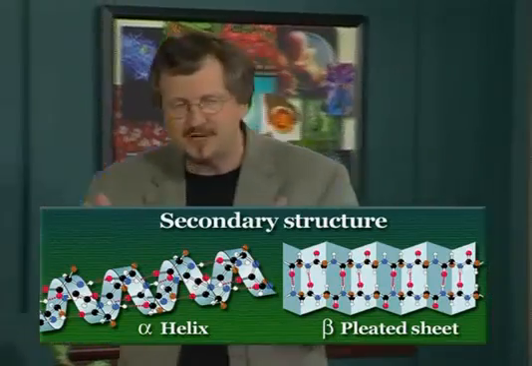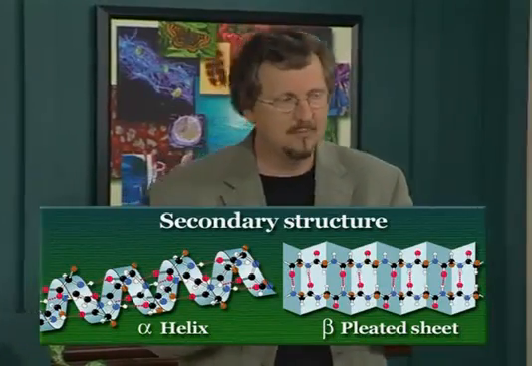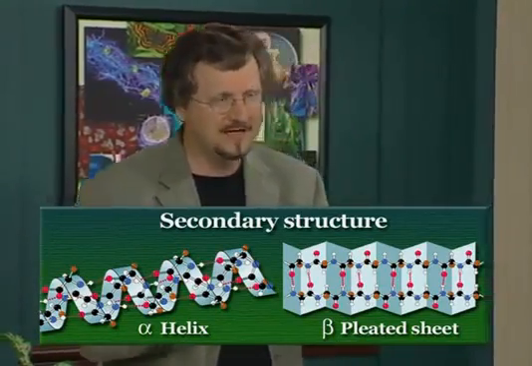Now, these particular structures come about from weak chemical interactions that occur along the backbone of the amino acid sequence. Remember, the carbons and the nitrogens that are the backbone form a very regularly repeating pattern of nitrogen, carbon, carbon, nitrogen, carbon, carbon.